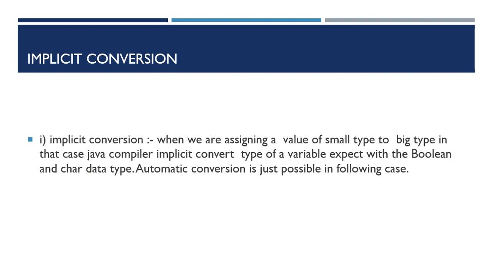Our rules say we can convert any small value to larger value when the values are compatible. If the value is not compatible, our compiler will not convert it. The boolean value is not compatible to other values. The byte value is not compatible to char values, because char takes values in the unsigned format, and numerical types like byte and short take values in which format? Signed format. That is the reason, friend.